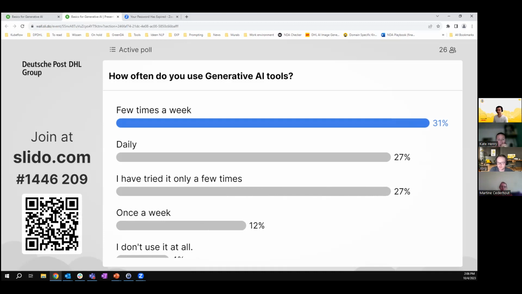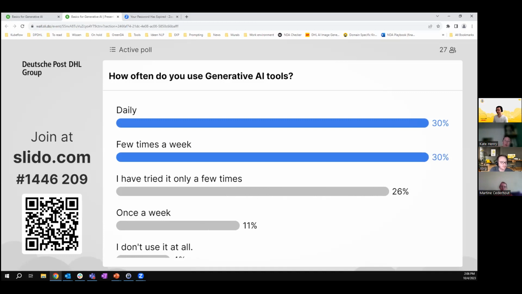Some people were curious, I guess, and tried it out, but the majority is using it daily or at least a couple of times a week, which is interesting. So we have sort of proficient or professional users here, which is good for us too. It's interesting to see this audience. You are already very familiar. We ran this questionnaire also with the management, for example, and got some very different answers. So cool to see we have many early adopters here.